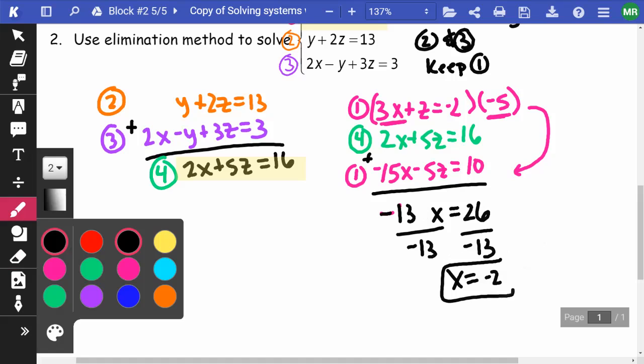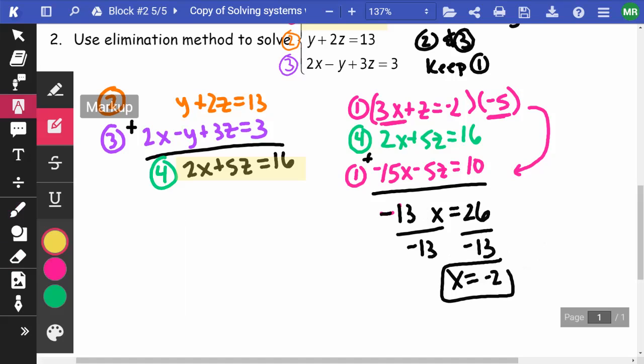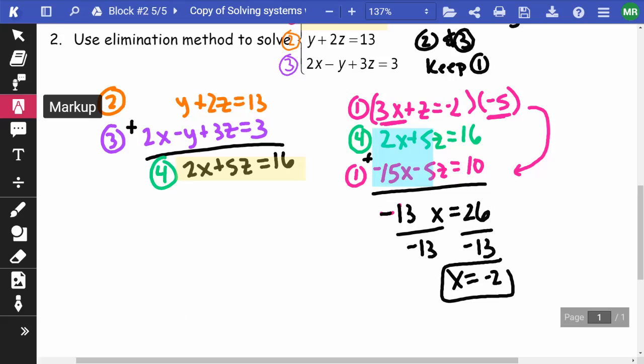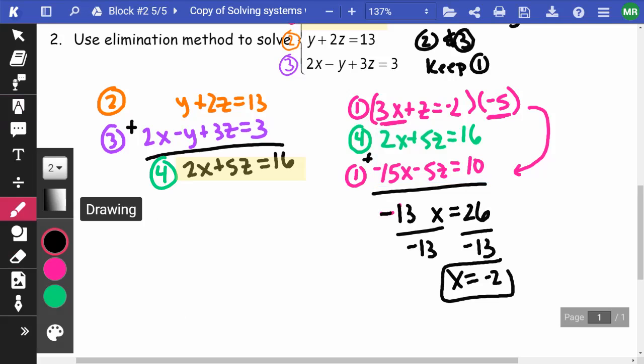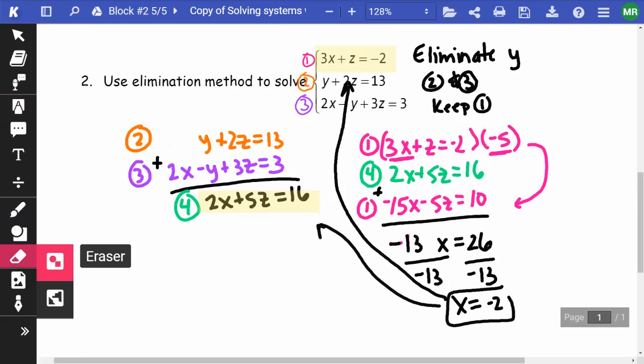So that's going to be one of my answers. And so now I'm still not done solving this system. I'm just going to highlight it in this blue. Okay, so the ones in yellow here, this one here and that one there, I'm not done solving that because I still need to find my z.